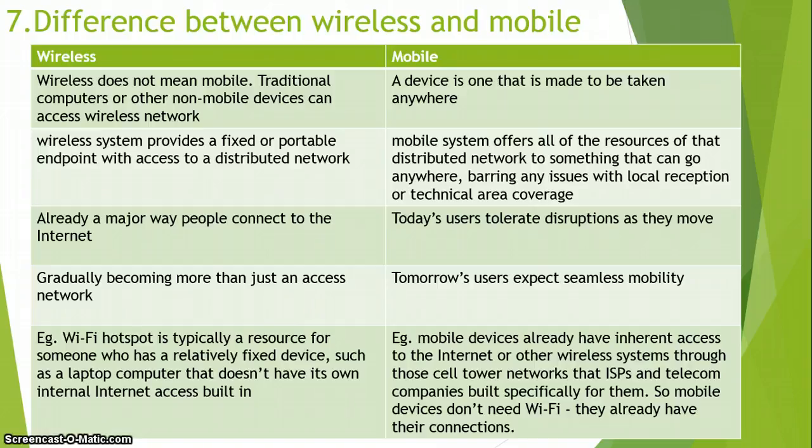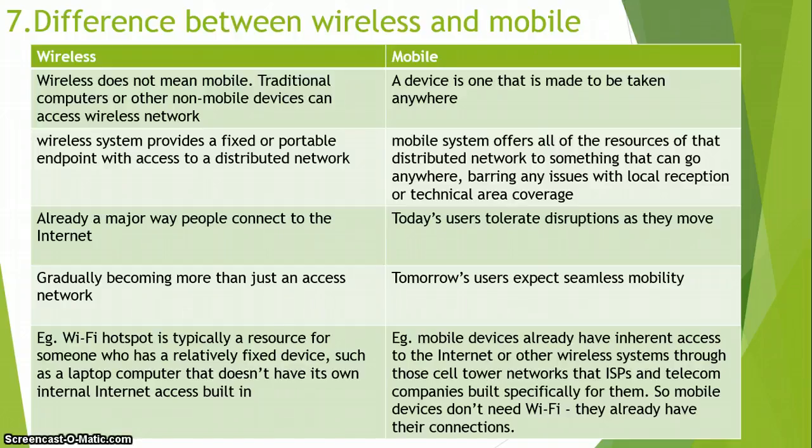Whereas mobile is a device that is made to be taken anywhere. A mobile system offers all of the resources of that distributed network to something that can go anywhere, bearing any issue with local reception or technical area coverage.